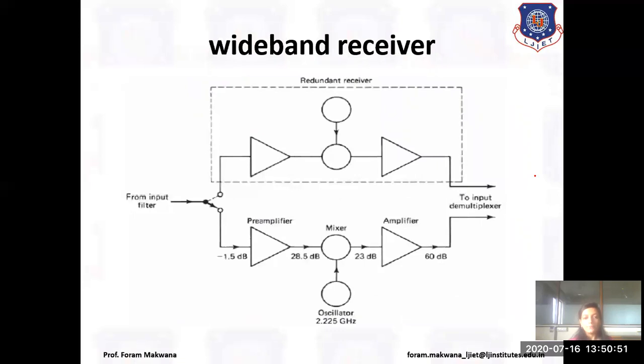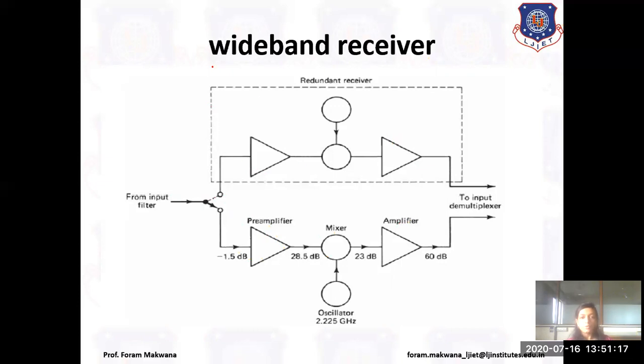Now what do you mean by wideband receiver? A wideband receiver means, over here we can see we have a preamplifier block, mixer, LO, and amplifier. The upper portion is a redundant receiver.